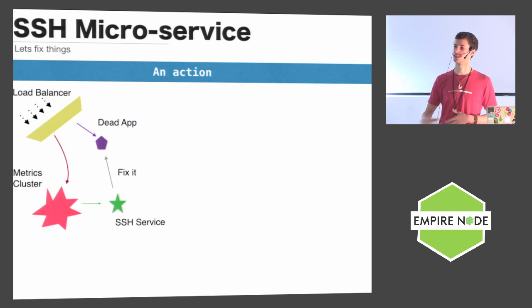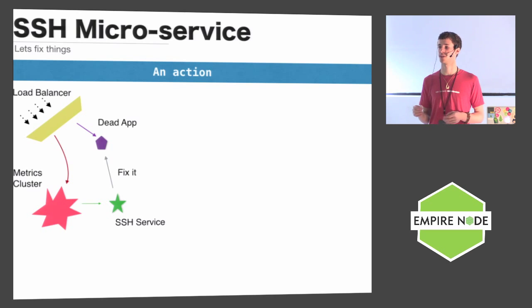This then relays it to the SSH microservice, which executes a finely crafted SSH command that I figured out will recover from this issue. This allows those applications to be fixed automatically, and as I collect more data on whose applications are going down, we have a good way to start a dialogue with these customers: okay, your application keeps going down, how can we figure out what's happening?